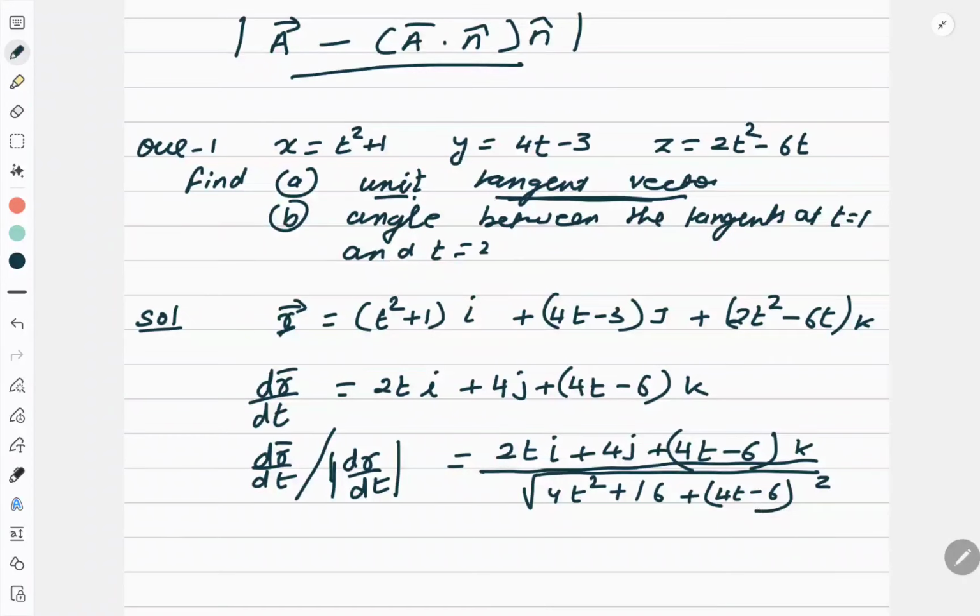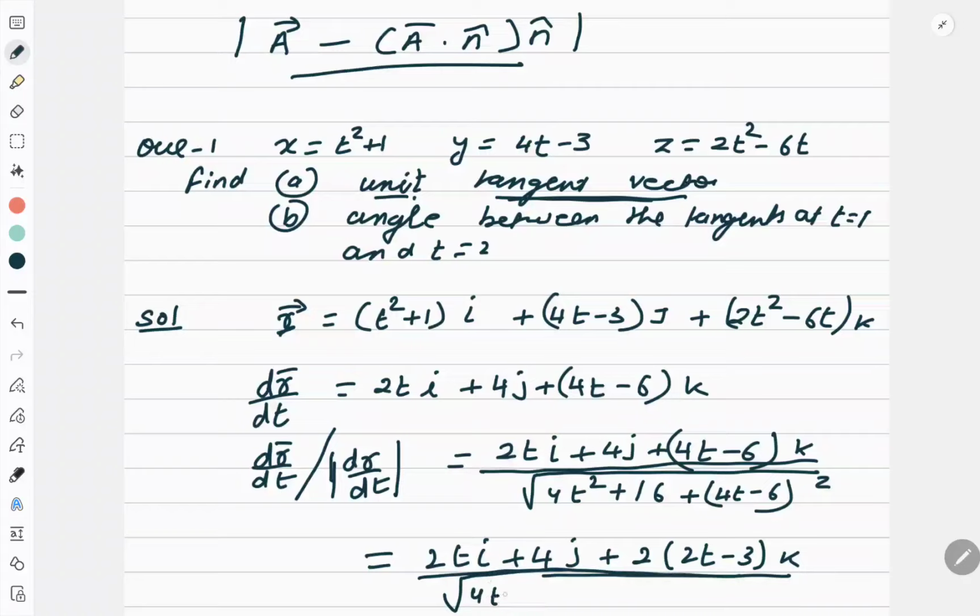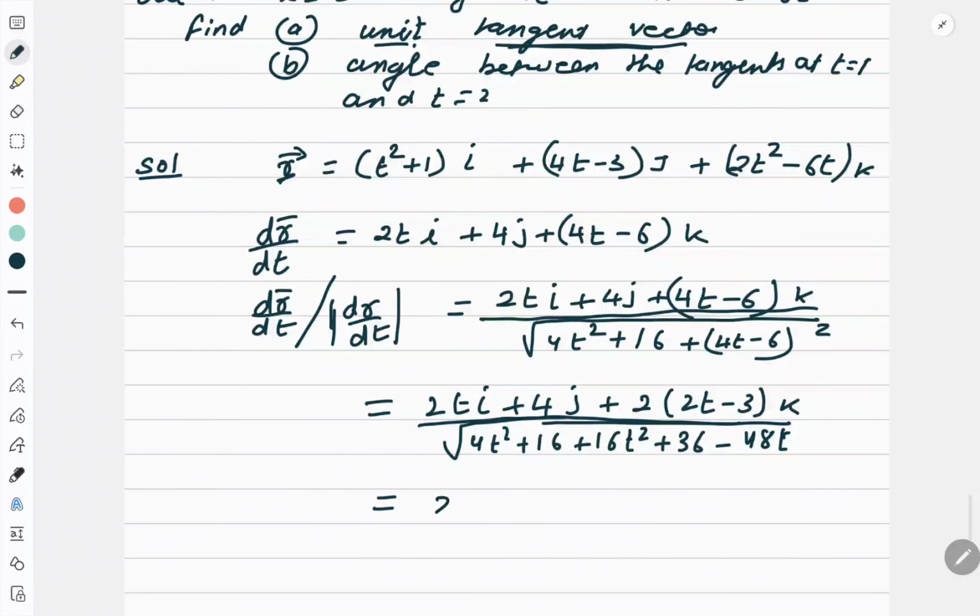You can open this and simplify this as well. Let me show you. So this will become (2t i plus 4j plus (2t minus 3)k) upon under root of 4t square plus 16 plus 16t square plus 36 minus 48t. So this will be equal to 2 common, (t i plus 2j plus (2t minus 3)k).